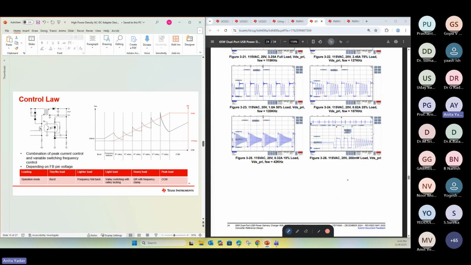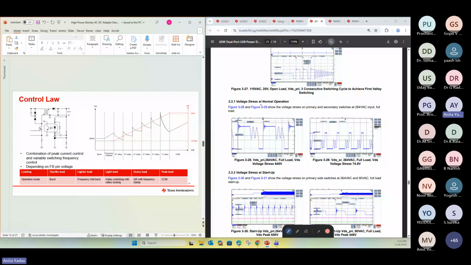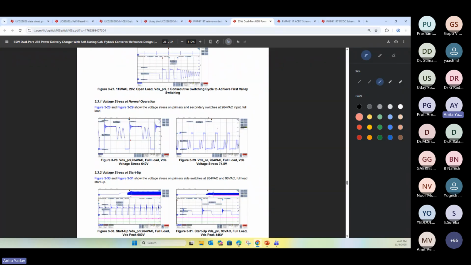The same thing is discussed here at different input voltages. And then here they are talking about the voltage stress across the primary FET, which is inside the device. It is clearly mentioned that at the maximum input voltage and maximum power, we have maximum voltage stress, and you can see 640 volt at this point.